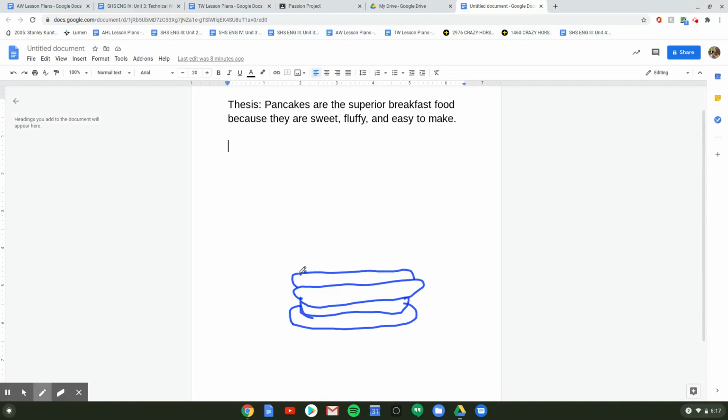I might branch out and think about some of those arguments or things that I was talking about, like maybe, so sweet, I'm drawing some syrup. Maybe then I would branch off and think about easy to make. So this will be my attempt at a waffle iron.